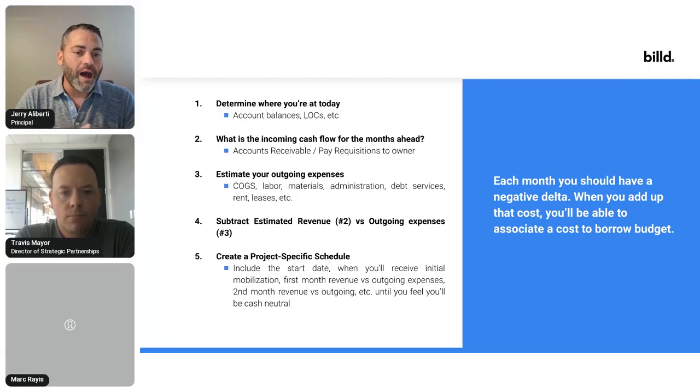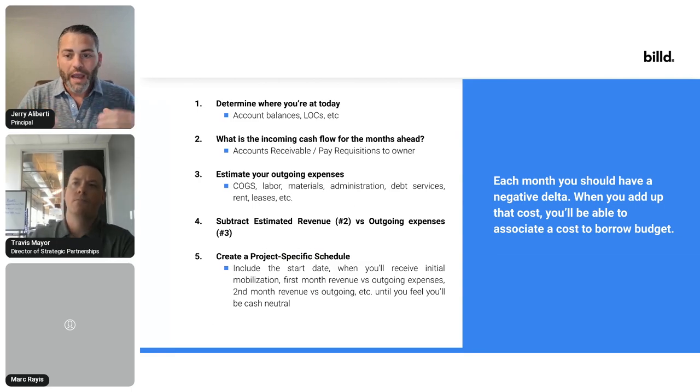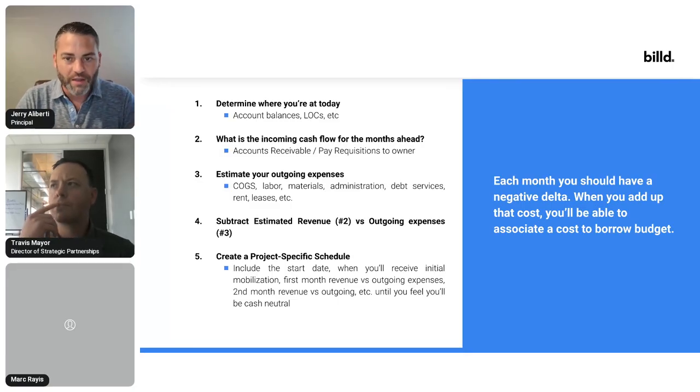Also, you need to break down your first month, your second month, your third month, your incoming versus your outgoing expenses. Again, this is an educated guess. You need to just be conservative. And the way you develop this guess goes back to what Travis was saying before, as well as understanding the GC you're dealing with. Working for self-performed GCs, where we did our self-perform work and we also worked for a lot of subs, I can tell you, GCs don't pay you until they get paid, right?